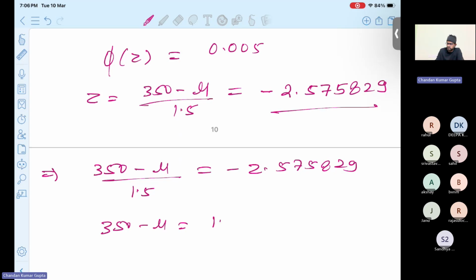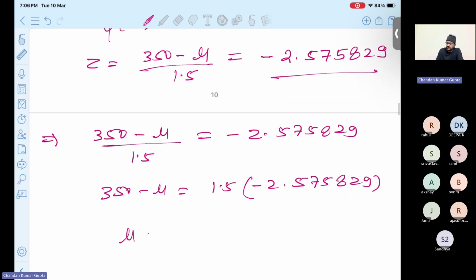Then you will solve for the mu value. 350 minus mu equal to 1.5 times minus 2.575829. Then mu will be 350 plus this, which can be 3.8637.